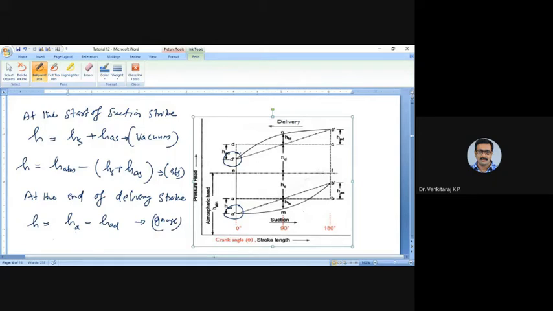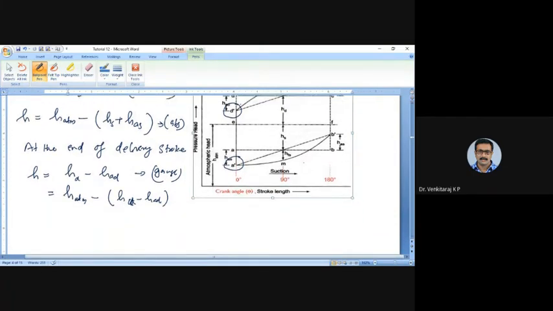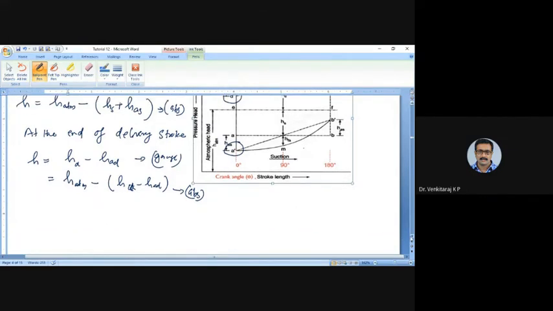Or if I write it in absolute unit, it will be H ATM minus Hd minus HAD. So this is the total pressure head value at the end of the delivery stroke, in absolute units.